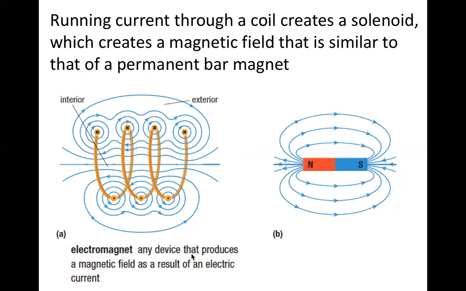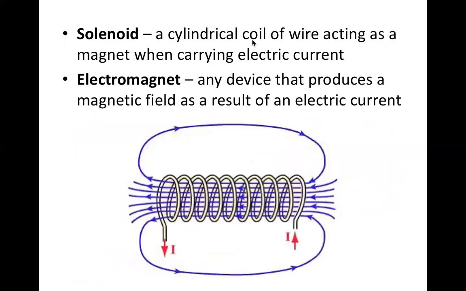So an electromagnet is any device that produces a magnetic field as a result of an electric current. So remember that we only create these magnetic field lines, or this overall electromagnet, if the current is on. When we turn off the current, there's no magnet. So a solenoid is a cylindrical coil of wire acting as a magnet when carrying electric current.